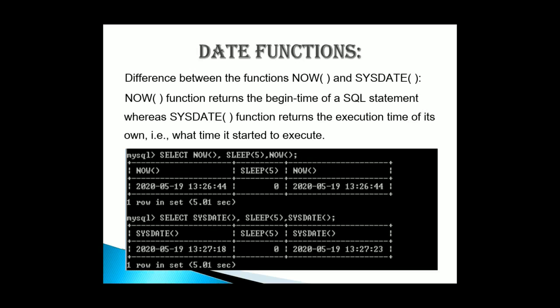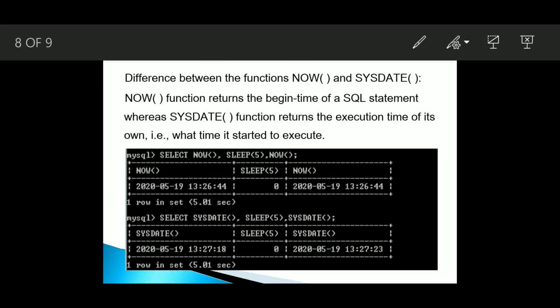So, select now will execute first, then it will execute sleep and wait for 5 seconds, then the now function will execute again. Understood? So, the now function we have started here. This is the date, and this is the date which is executed after 5 seconds.